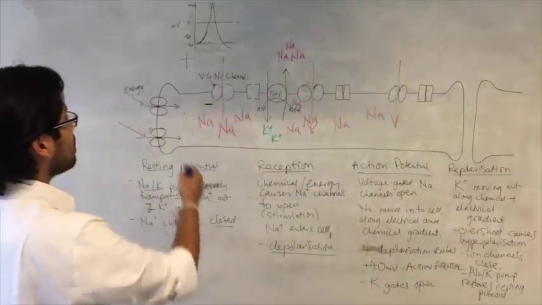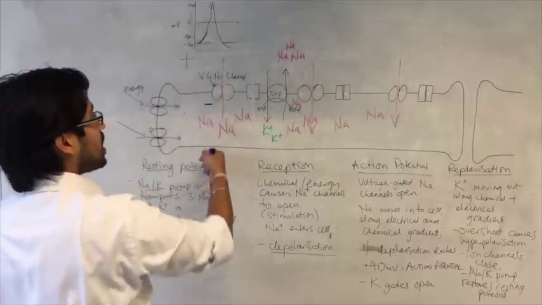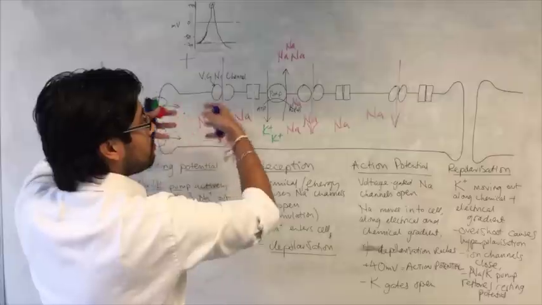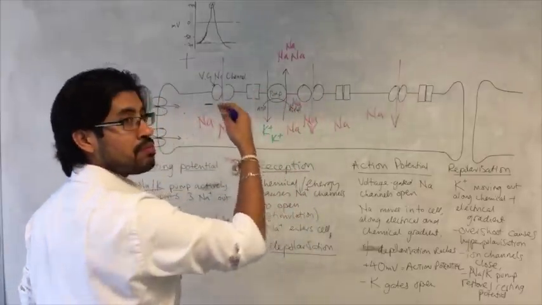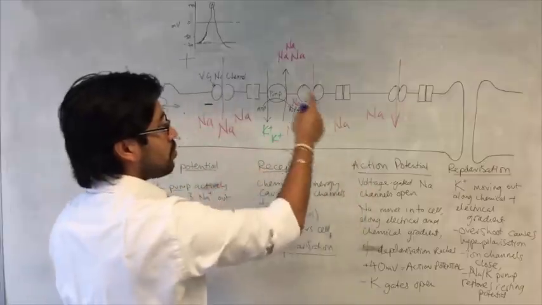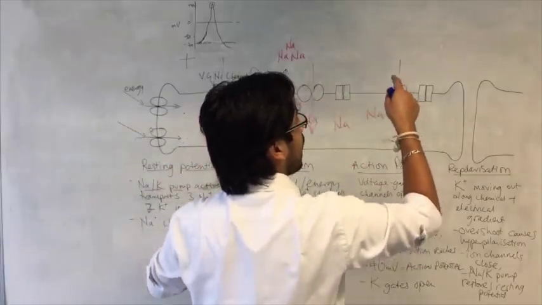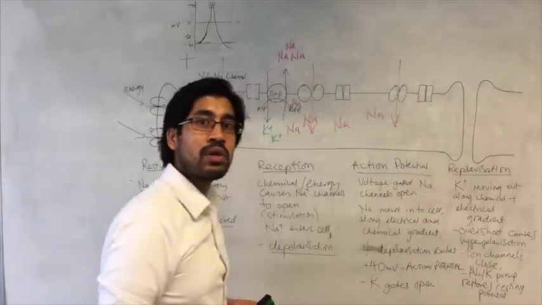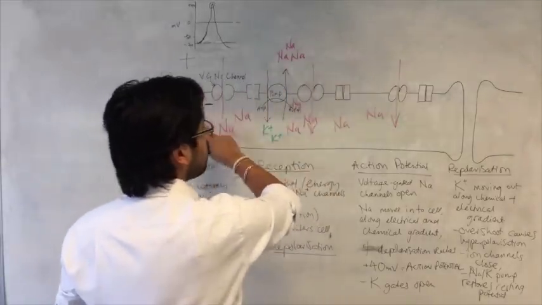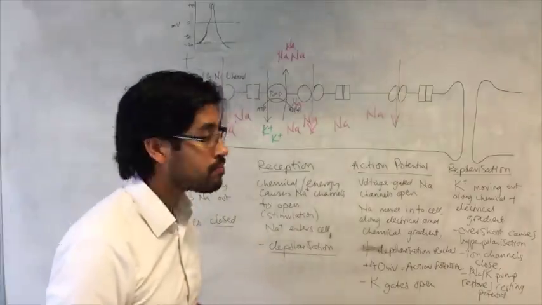So when you start the depolarization at one end of the cell, the voltage-gated sodium channels open, allowing sodium in, it diffuses away, and other sodium channels experience that depolarization, causing them to open, causing the action potential. The depolarization and the action potential spread along the whole length of the neuron.